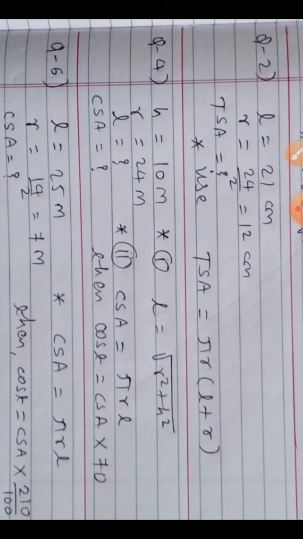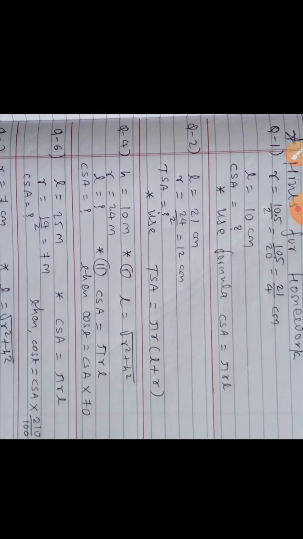Why? Rate per meter square is given 70. We always find cost this way: area into rate. So area we found, rate is given. So you have to go through totally 3 steps. Again it is simple.